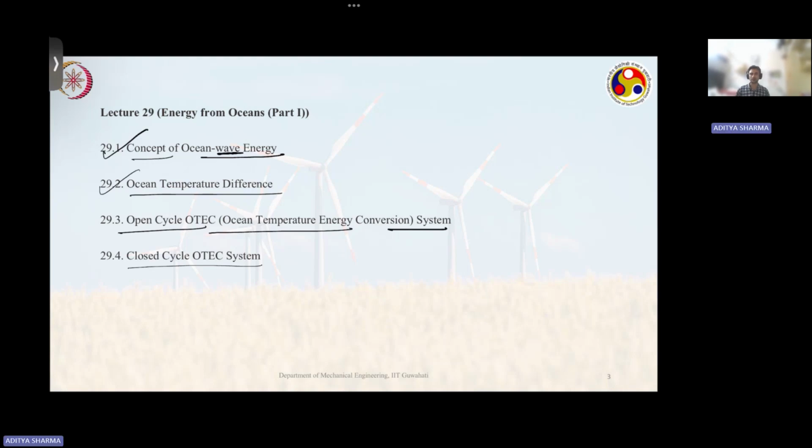Okay. So what is this temperature difference? Because of solar insolation, the ocean water gets heated, right? This is basically because of radiation; heat transfer is through radiation. To some extent, this radiation penetrates the water beyond the water surface and heats the ocean water.